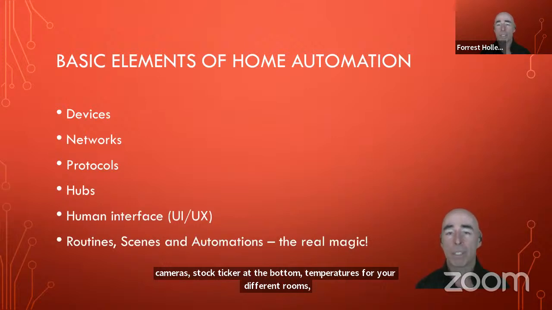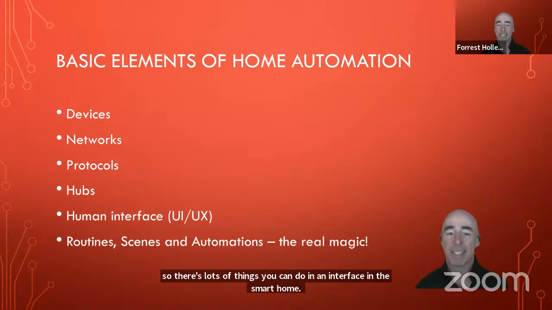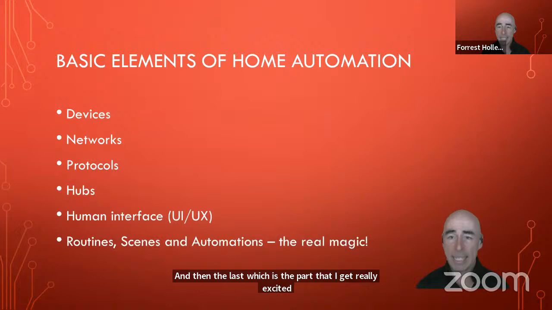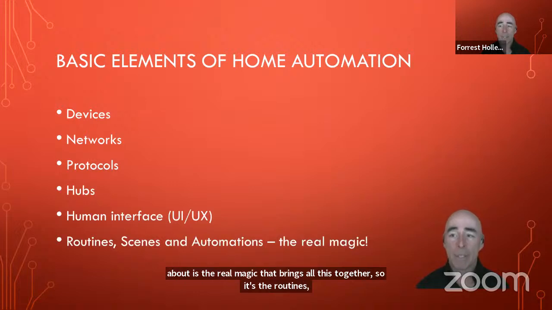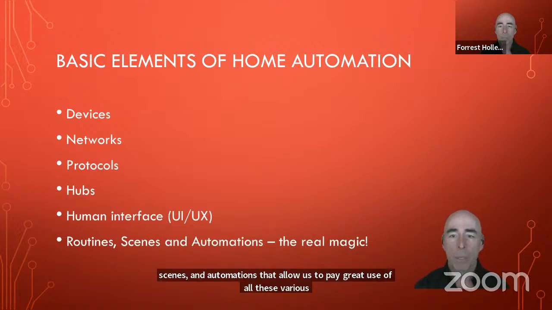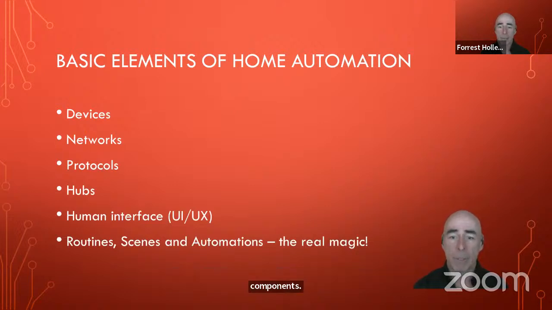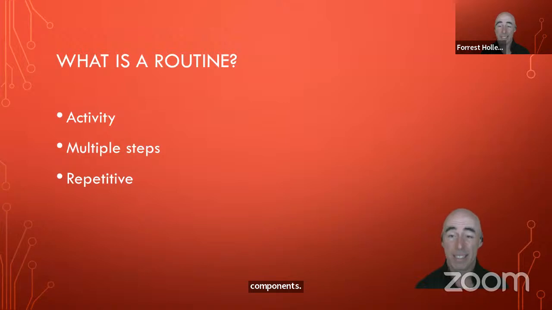And then the last, which is the part that I get really excited about, is the real magic that brings all this together. So it's the routines, scenes, and automations that allow us to make great use of all these various components. So what is a routine? A routine in typical English is an activity, oftentimes with multiple steps, that's repetitive.